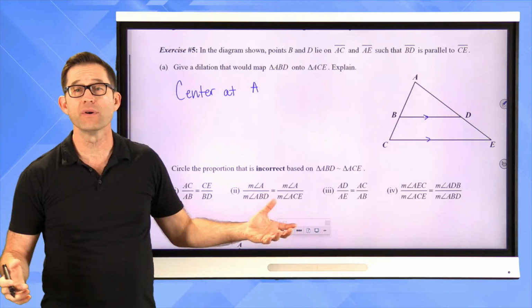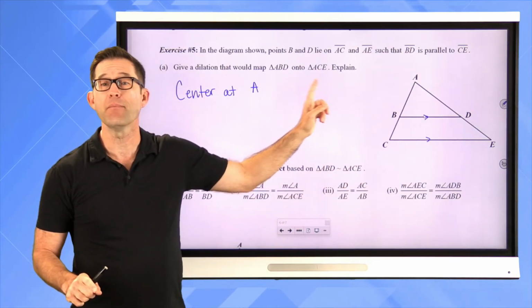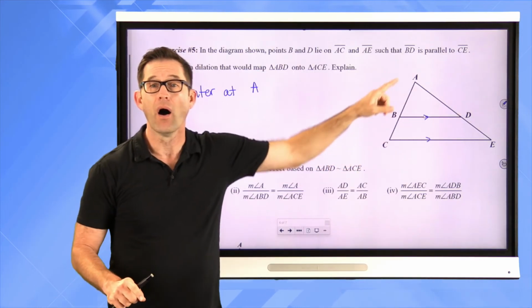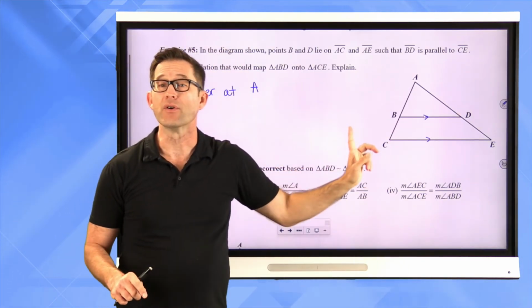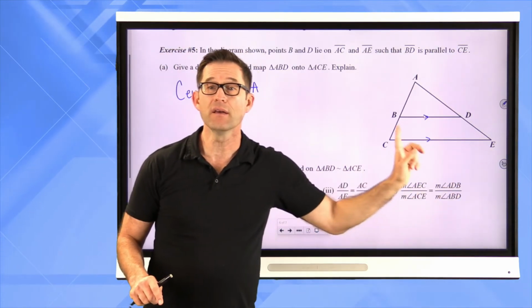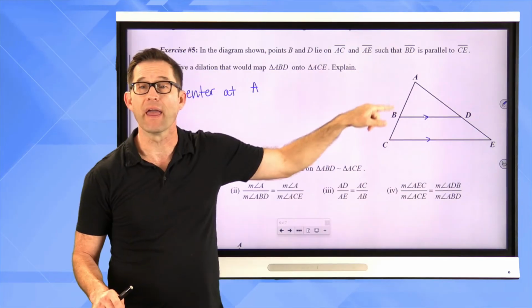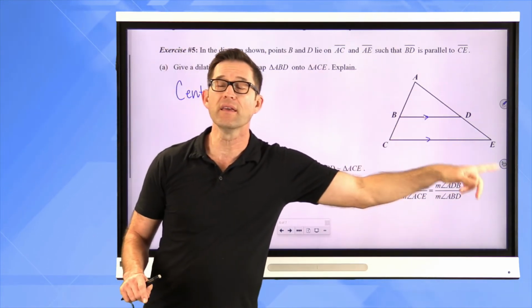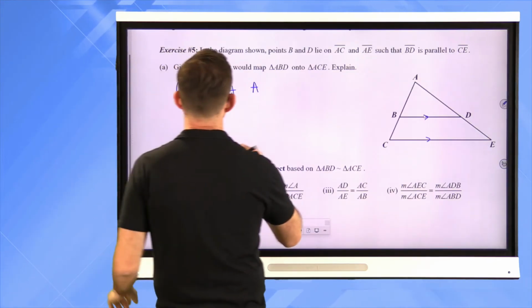One choice of the scaling constant, because keep in mind, we want to map ABD, the smaller one, onto ACE, the larger one, then we could do CE divided by BD, AC divided by AB, or AE divided by AD, right? And I think I'm going to write those out.